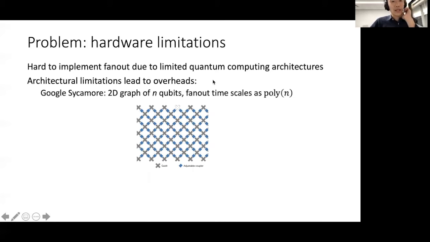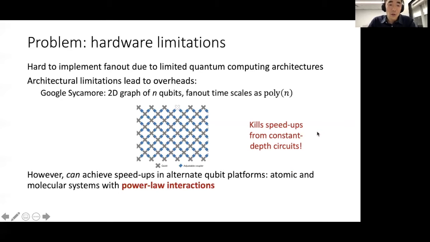For example, Google's Sycamore chip can be represented as the following 2D grid of n qubits, and the time it takes to implement a gate that spans order n qubits will scale as some polynomial of the total number of qubits. This will kill any potential speed up that you could achieve from these constant depth circuits due to the time it takes to implement this fanout.